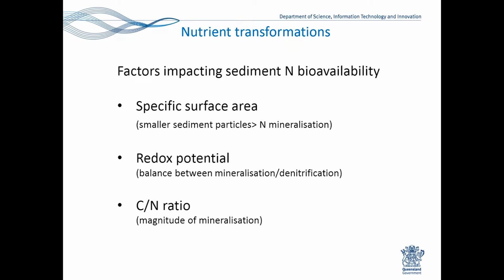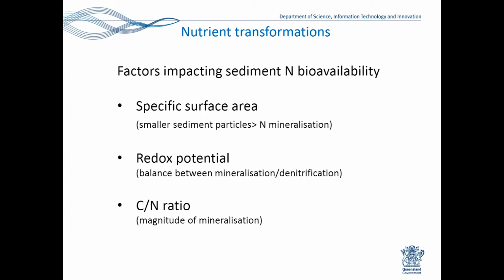So you end up with a net nitrogen immobilisation for a period of time if you have a high carbon to nitrogen ratio. On the other hand, if you have a carbon to nitrogen ratio of maybe 15 or less, you will get net nitrogen mineralisation under aerobic conditions.